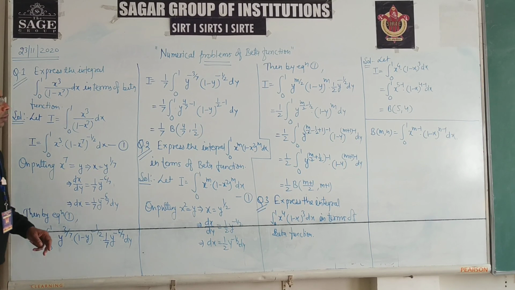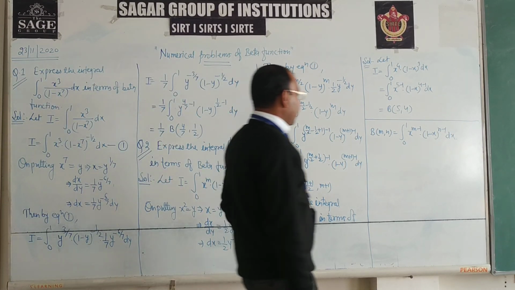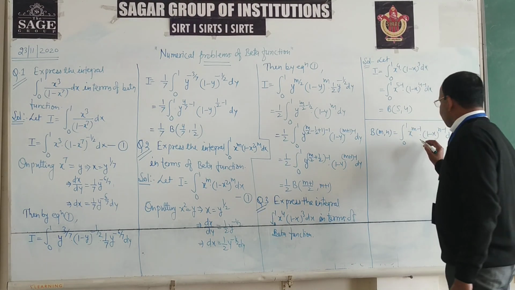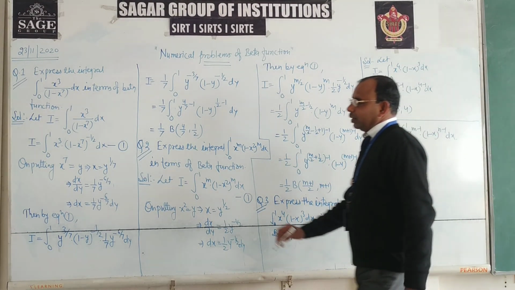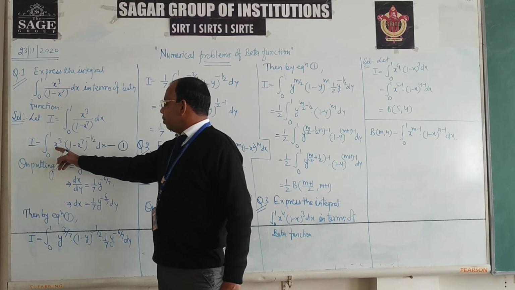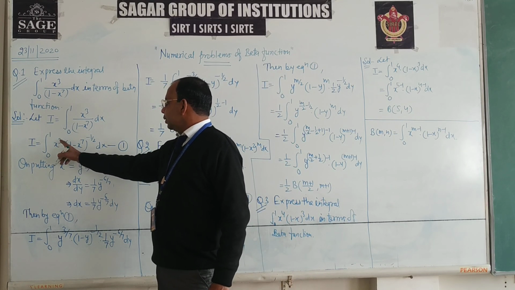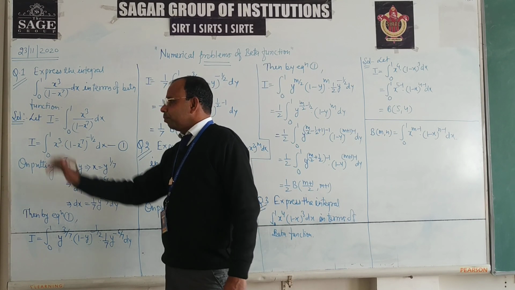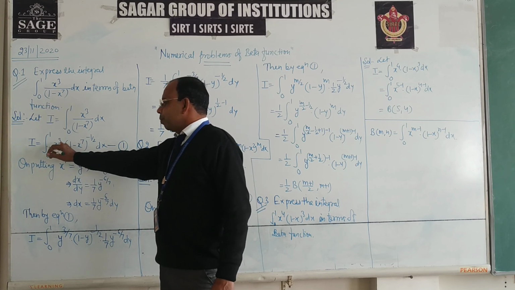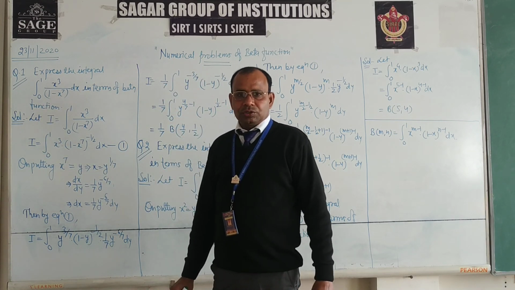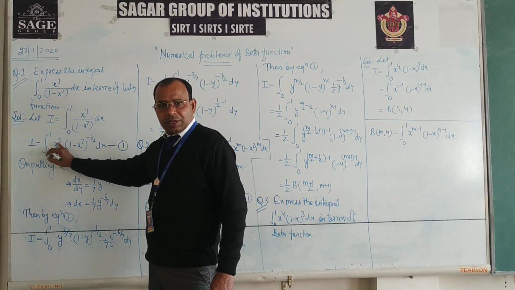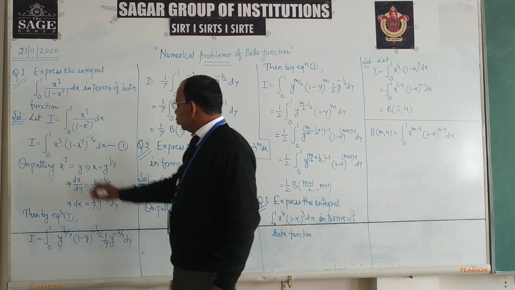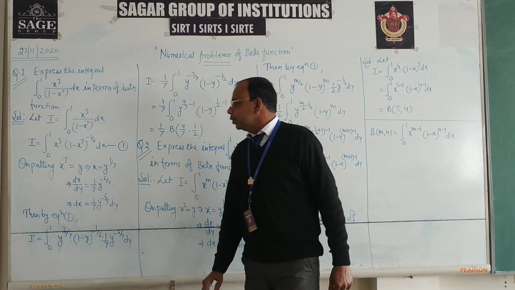Is that clear? In the beta function we have x to the power m minus 1. We have x to the power 3, so 4 minus 1 is 3, and m is 4. And 1 minus x to the power 7, to the power minus 1 by 2.